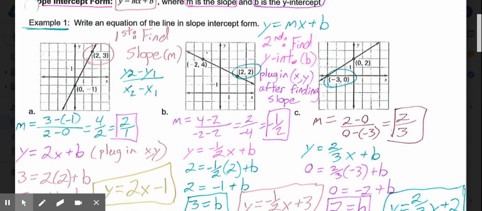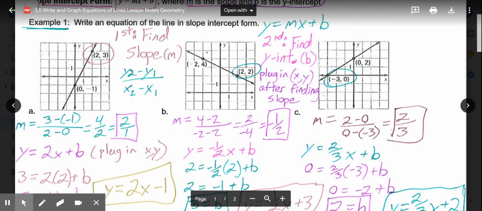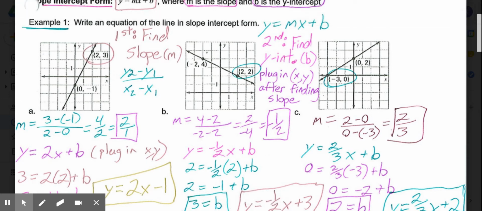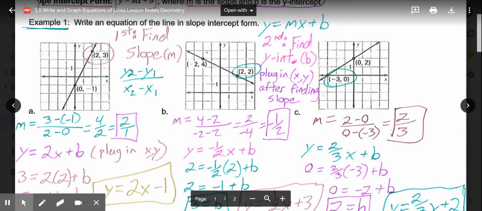So if I look at my first example A here, I have points 2, 3 and 0, negative 1. So change in y, 3 minus negative 1 on top. Change in x on bottom, 2 minus 0. That gives me 4 over 2, which simplifies to 2 over 1. So now I know the slope of this line is 2 over 1, or 2.